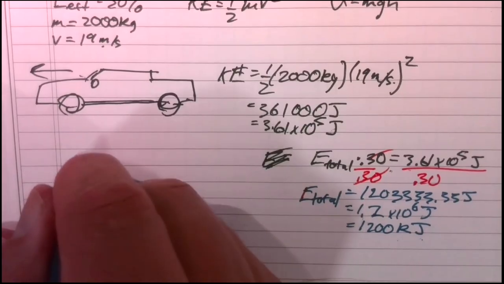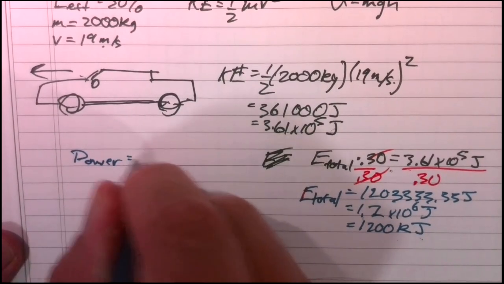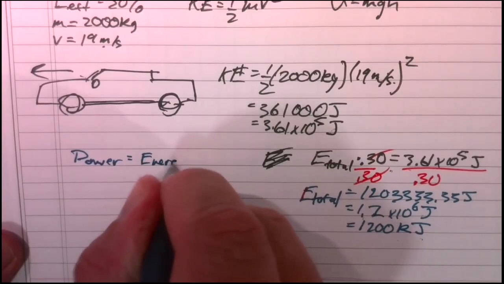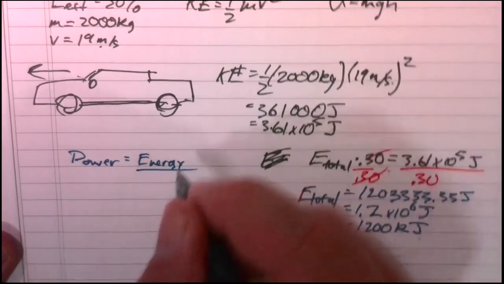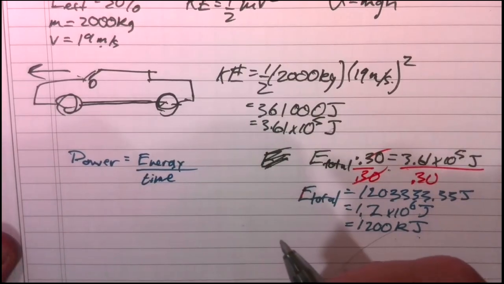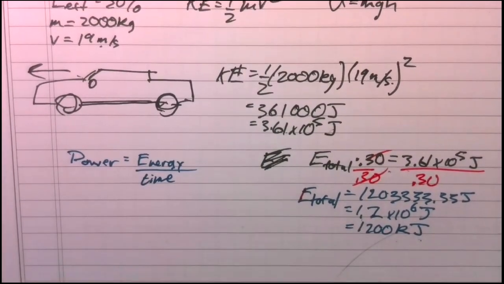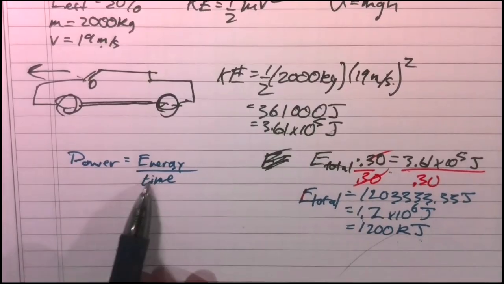Power is equal to energy used over some time period. So this is how much energy something costs as a function of time, right? This is what you get charged for.